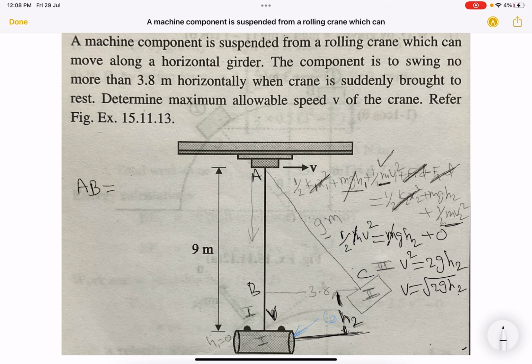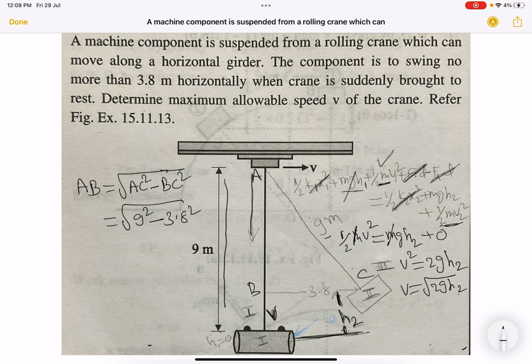So AB is equal to under root AC square minus BC square, right? And AC square is how much? 9 square. BC is 3.8. That's the maximum horizontal distance it can move. So it is 3.8 square, right? So this is going to be AB. Now once you have AB, this is total 9, so h2 is equal to 9 minus AB.